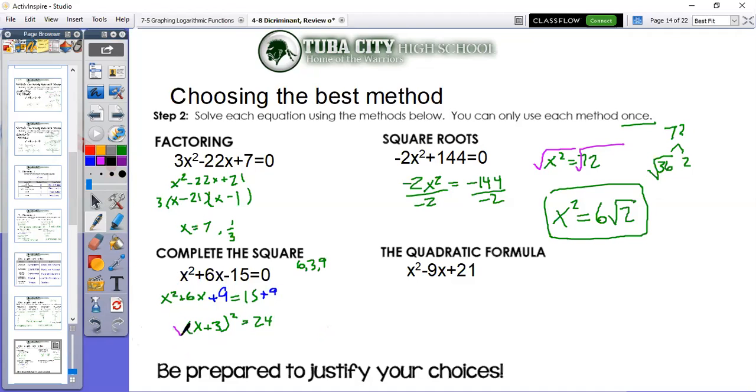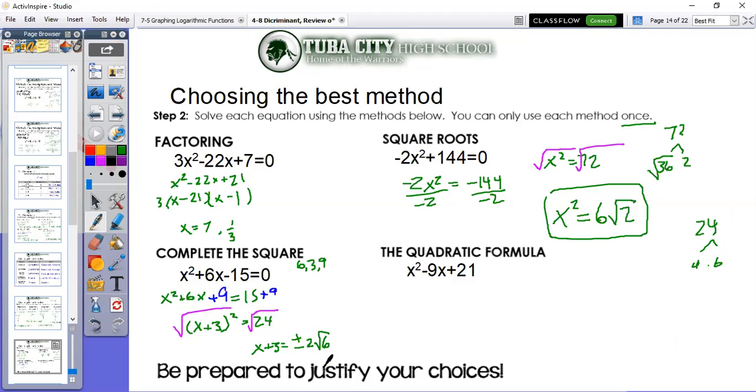Take the root of both sides, so square root here, square root there. And I get x plus 3 equals plus and minus. And let's see, 24, I'm going to have to do the same thing with 24, is 4 times 6. So take the square root of 4, we get 2, and 6 stays in there.